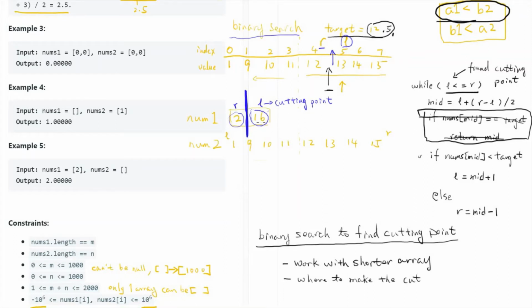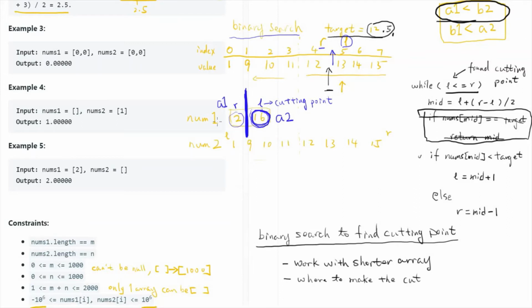So the cutting point is the index of the number, and we will cut on the left side, which means the number we found is A2, and the number on the left side is A1.